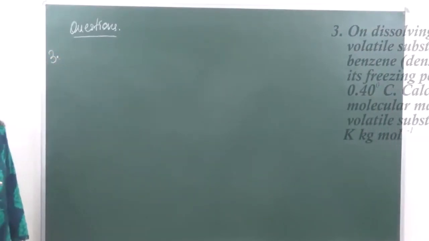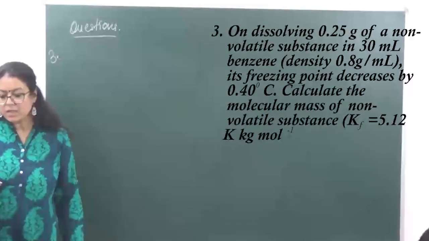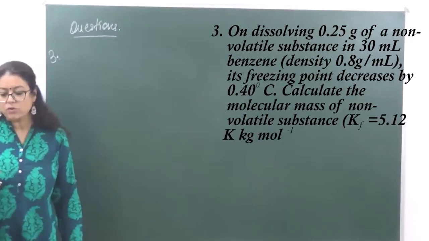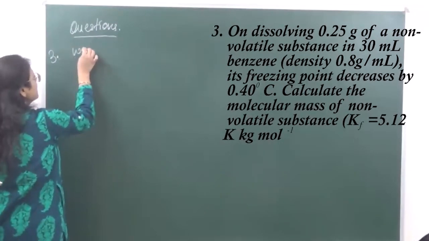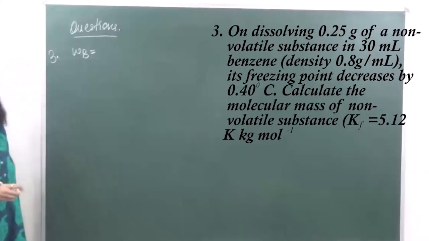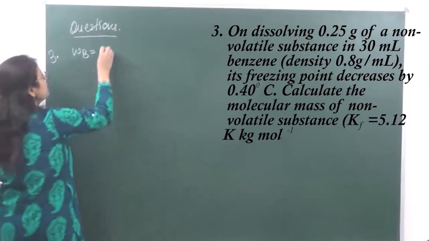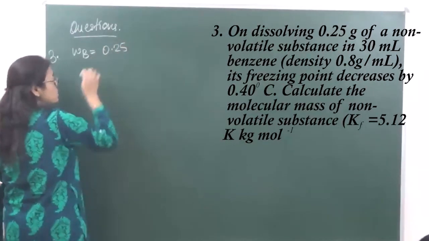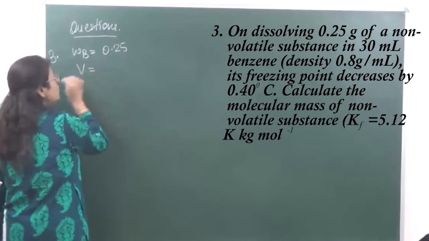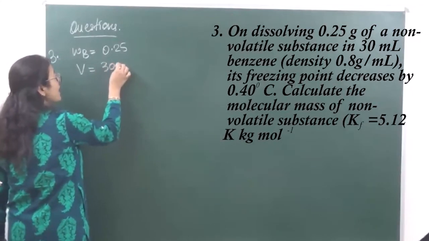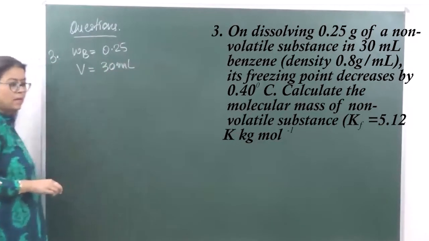What is question number 3? On dissolving 0.25 grams of a non-volatile substance, now Wb given to us over here is 0.25 grams, in 30 ml of benzene. Now, in this case, the volume of benzene is given to us as 30 ml, right?